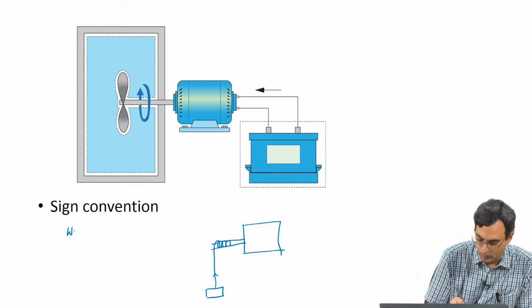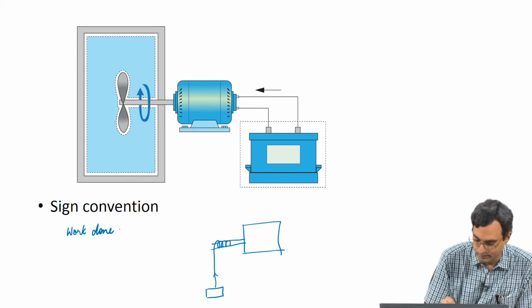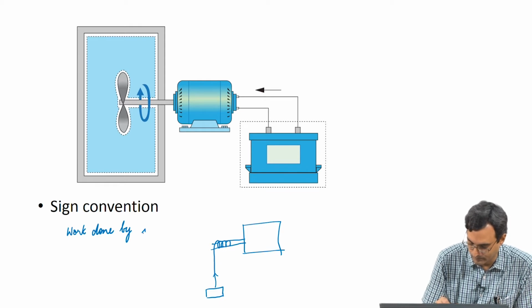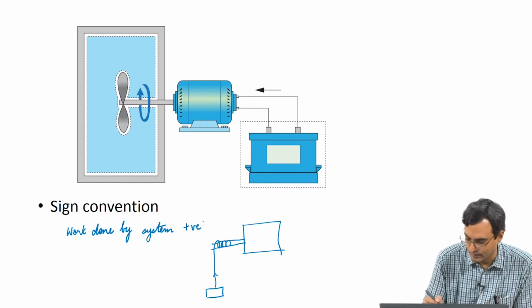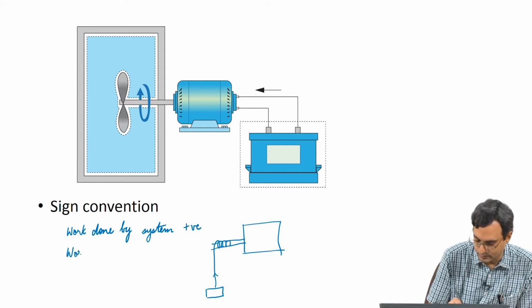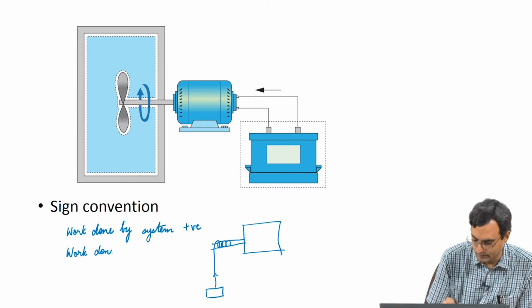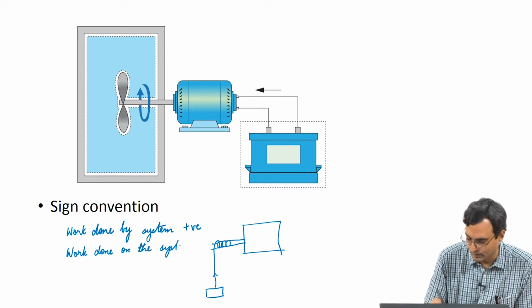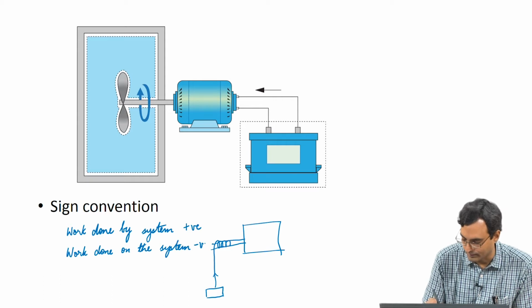So, work done by system we consider as positive, and work done on the system we consider as negative.